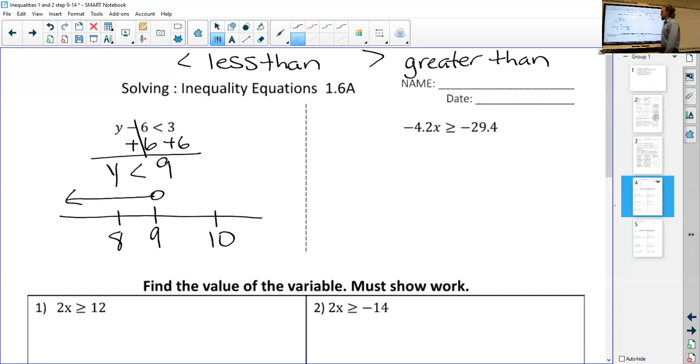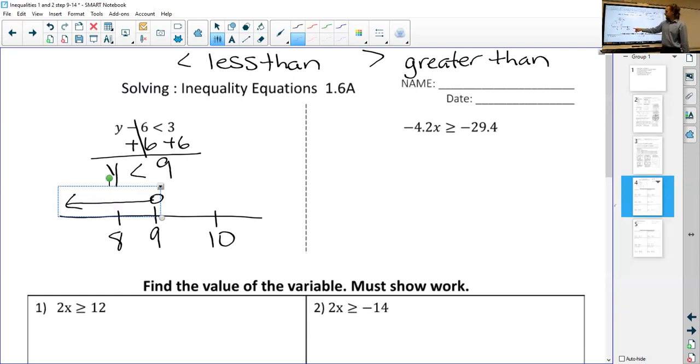Some of these you'll see where they'll actually graph this and they'll put it on the line, which is nice if you have more than one color, but if you just have a pencil, it can get a little bit hard to read. So I like to put it just a little bit above the line.